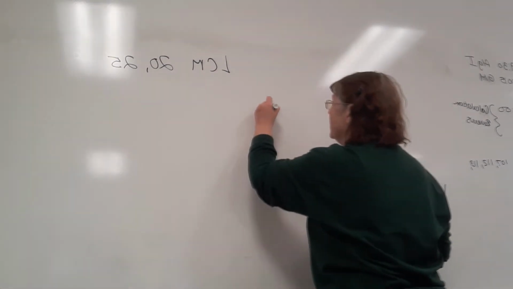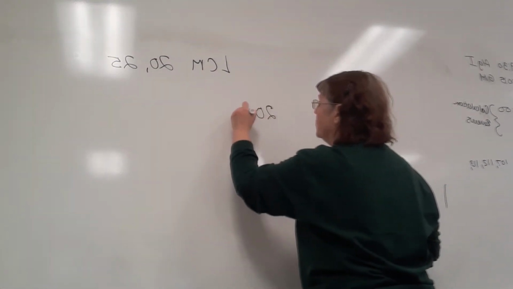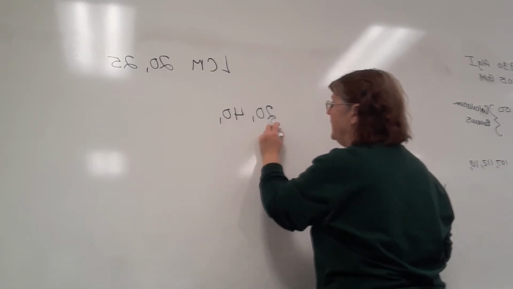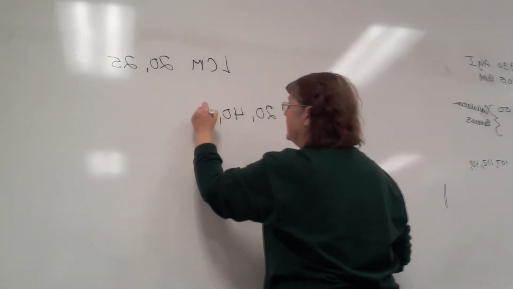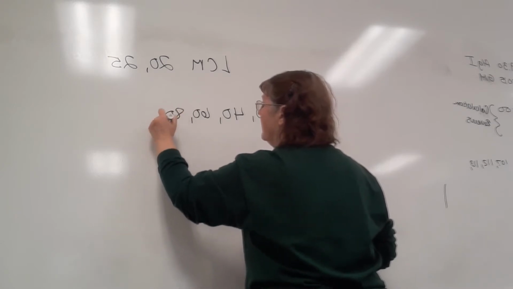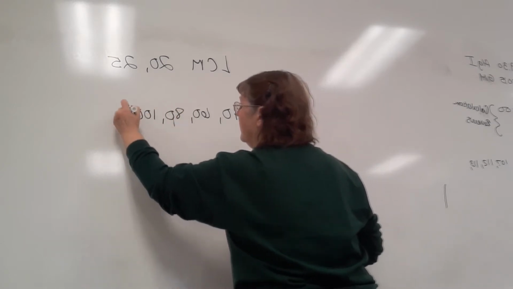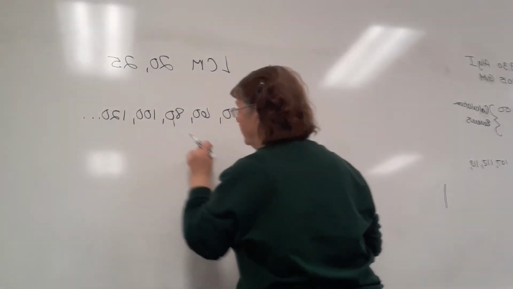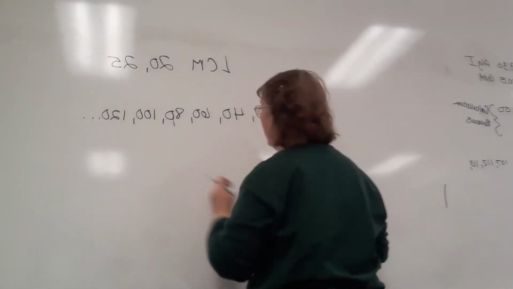So I'm going to start listing the multiples of 20. 20 and 20 is 40, and notice we just go up by 2 on each of these and keep the 0. 60, 80, 100, 120. Hopefully that's enough.